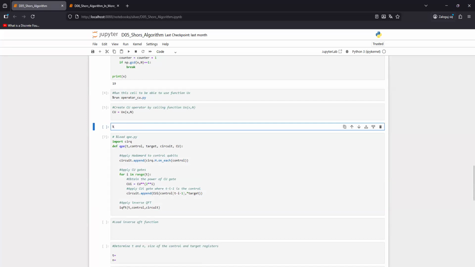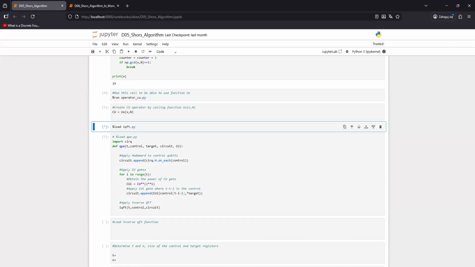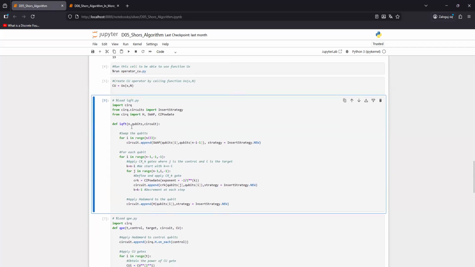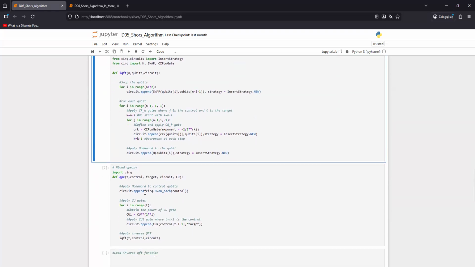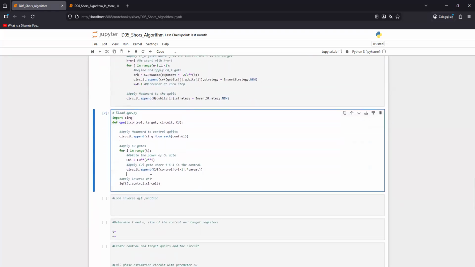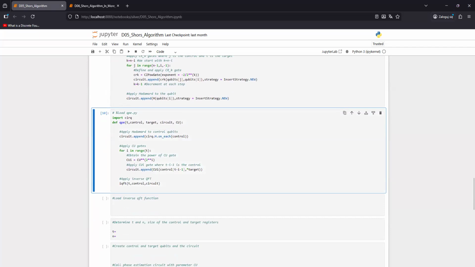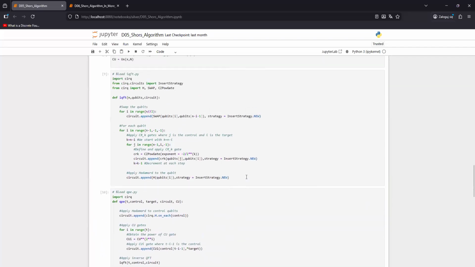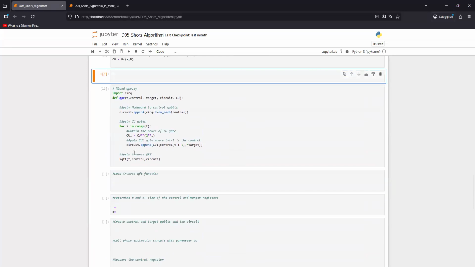So it will be, I believe, load QFT. Yes, okay, so we have it here, the formula for the inverse quantum Fourier transform, and here for quantum phase estimation. And here we are told to load, yes, so I didn't notice that.